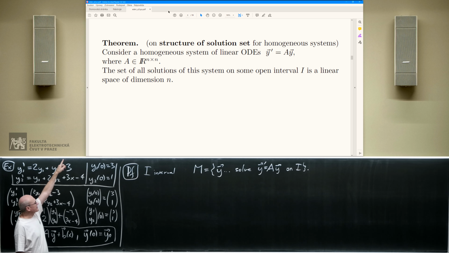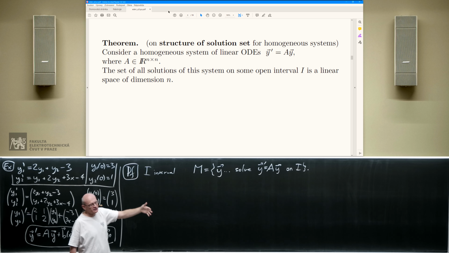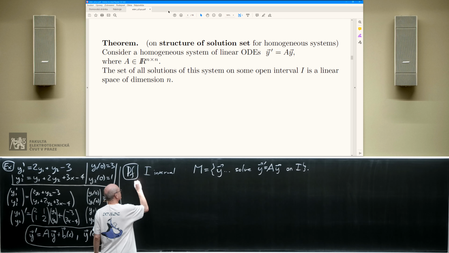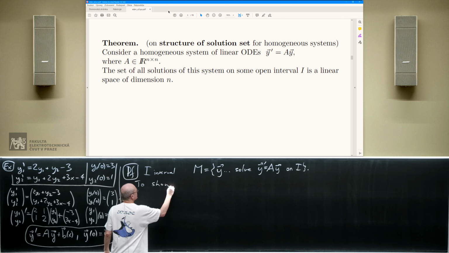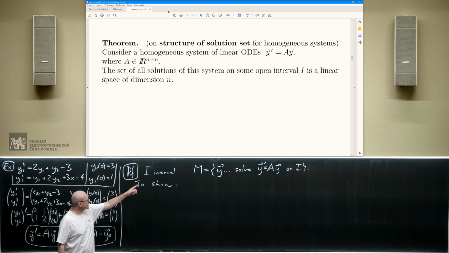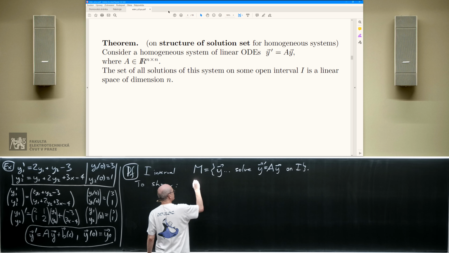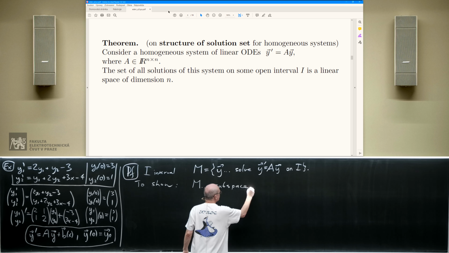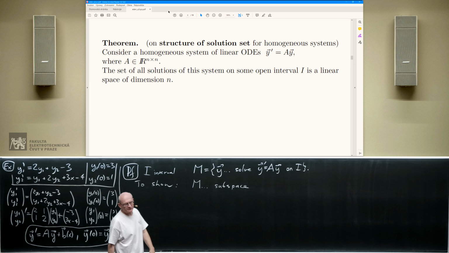The linear space part, that's actually useful because it shows nicely this tie to linear algebra. So instead of proving directly that this is a linear space, again, we will show that this M is actually a subspace. Subspace of what? Well, we have many candidates. For instance, we can take the space of all vector functions on interval I. This could work.